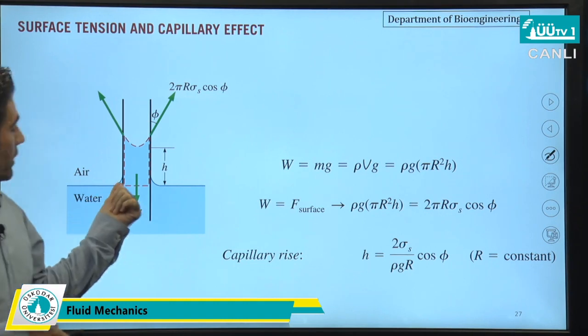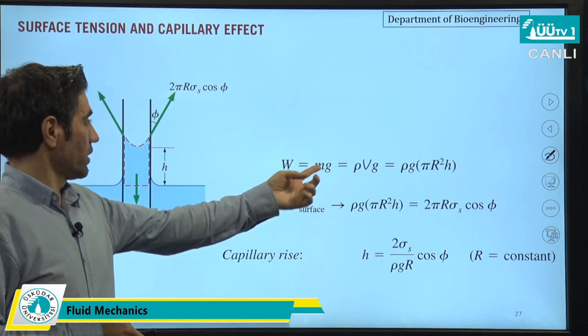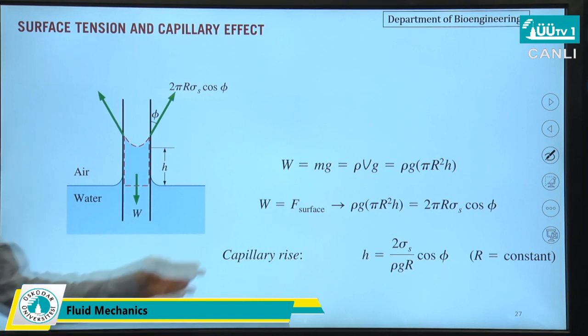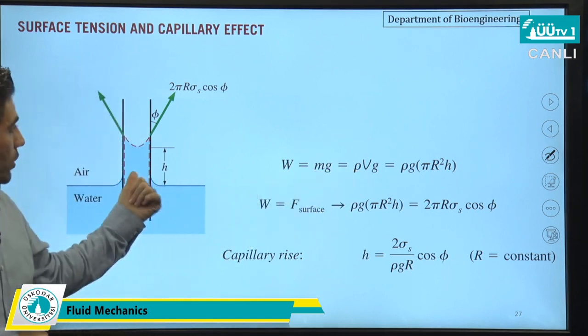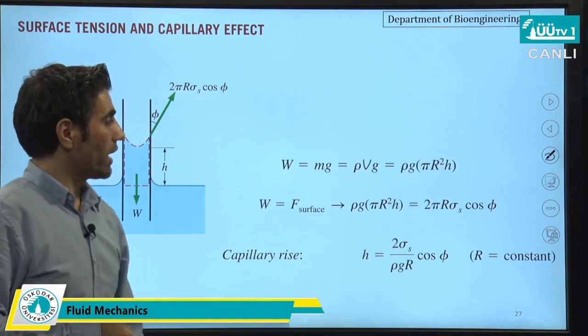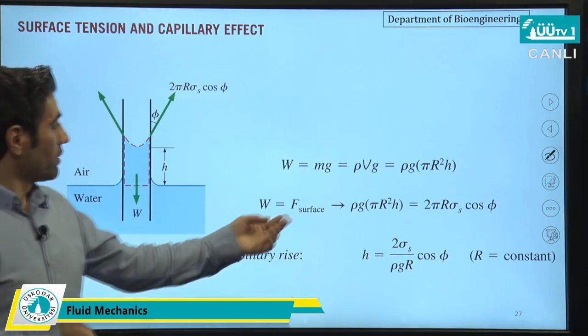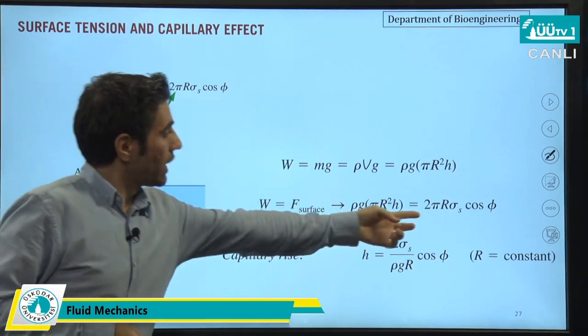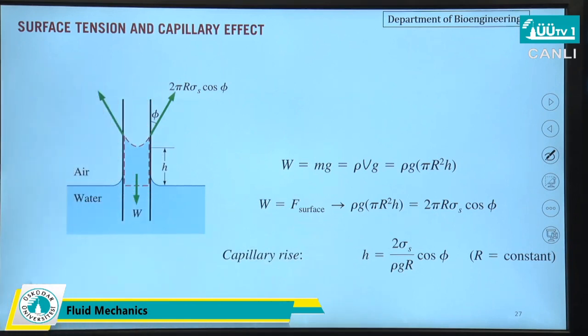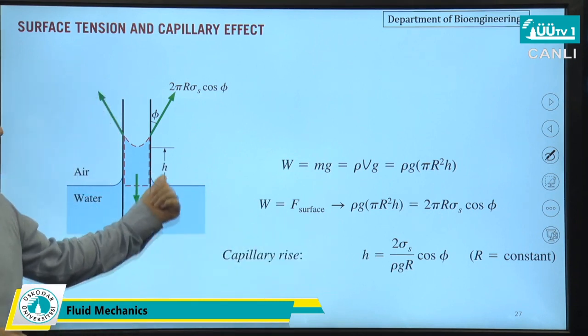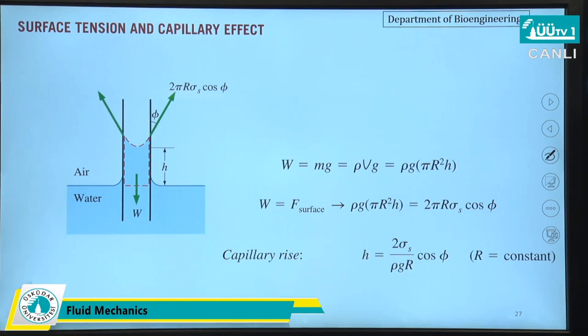So by writing a force balance, this is the weight, which equals mass times gravitational acceleration. From there, we know that the volume of this fluid equals πR squared times h. So this is the weight force, and this is the surface tension force. From there, we can easily calculate this h, the amount of rise, or the amount of fall for the case of mercury.